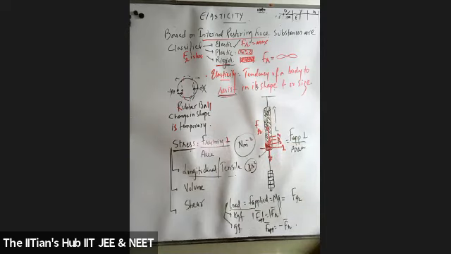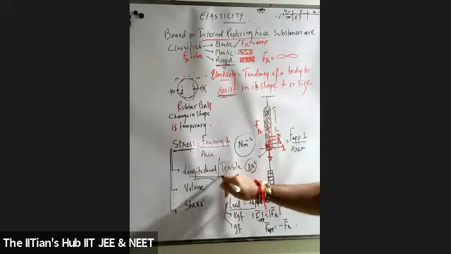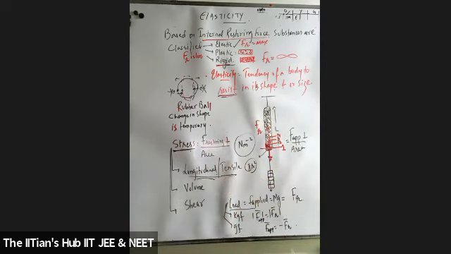Now, if somebody asks you, can you give me the formula? What kind of stress is this? We are speaking with respect to longitudinal, tensile. The other way is longitudinal tensile. Yes, negative of the force applied we consider. Direction is opposite. That negative sign shows that the restoring force is in the direction opposite to the applied force.